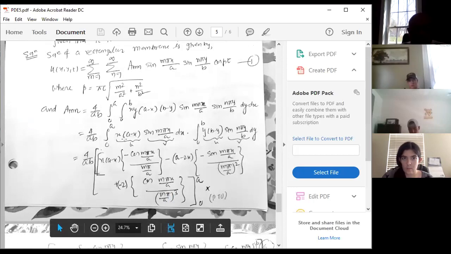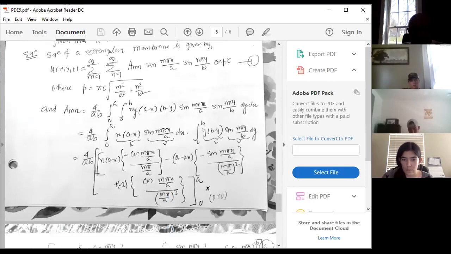Otherwise, see, this is my u. Integration of sine m pi x by a is negative cosine m pi x by a divided by constant m pi by a. Minus sign, alternating sign, derivative of first: x a, derivative is a, minus x square, derivative is 2x, so a minus 2x. Integration of this part, so m pi by a as it is, and this integration, negative cosine is negative sine.